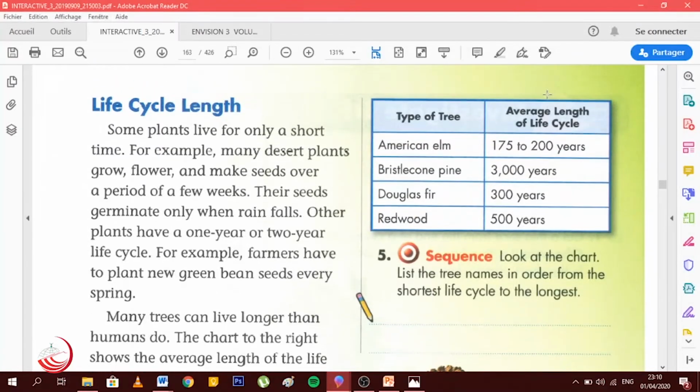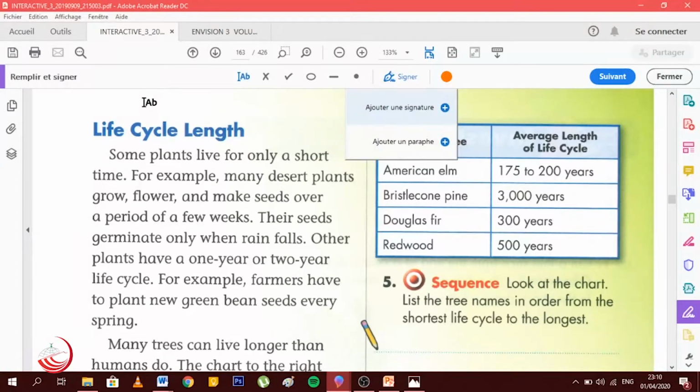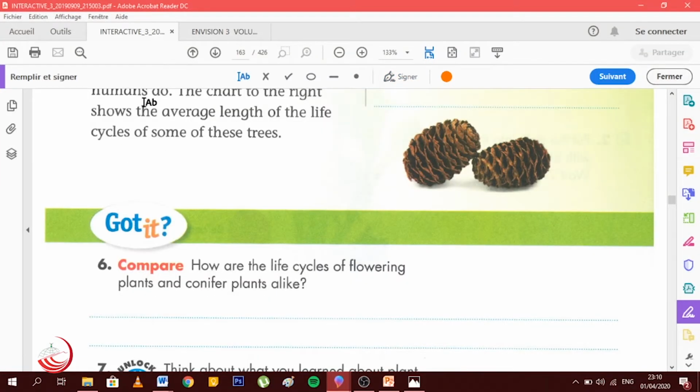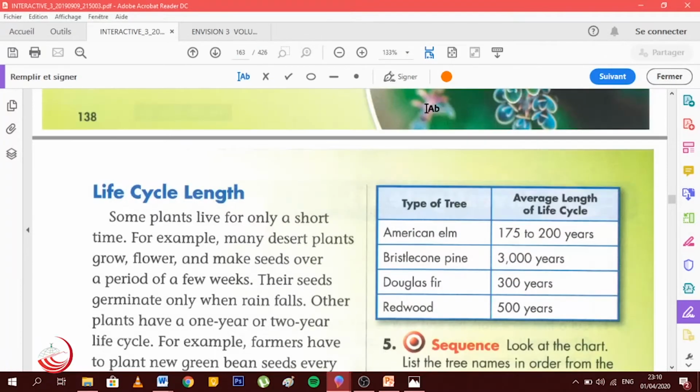Today's date is... not March, April the 3rd, 2020.